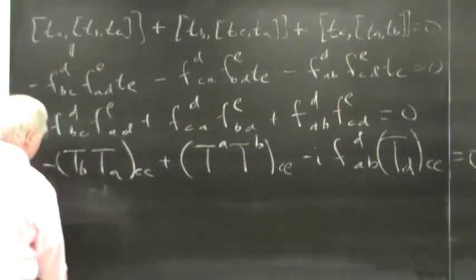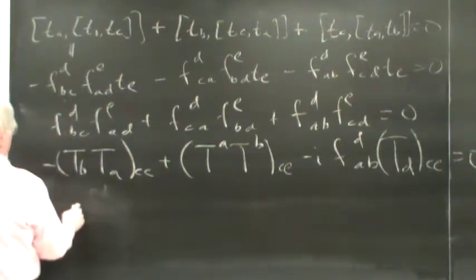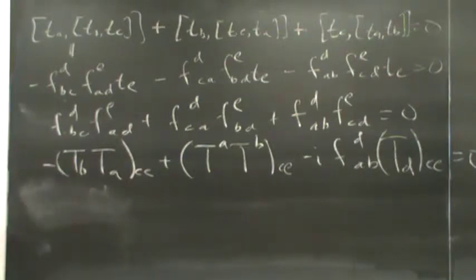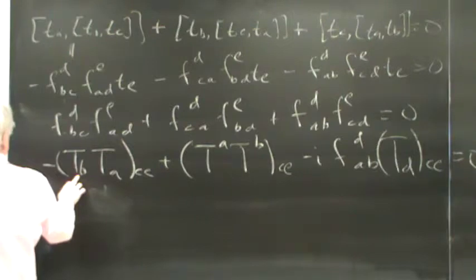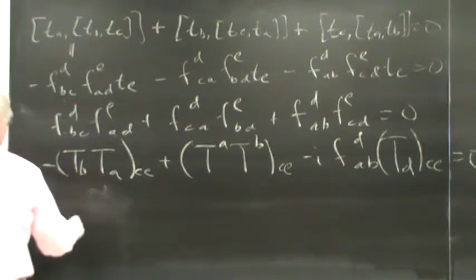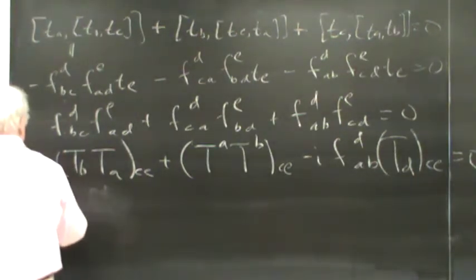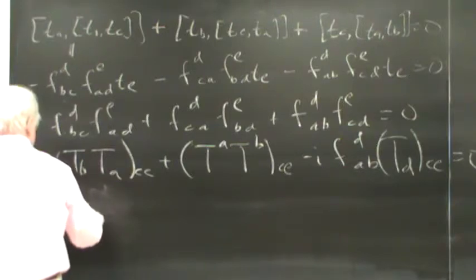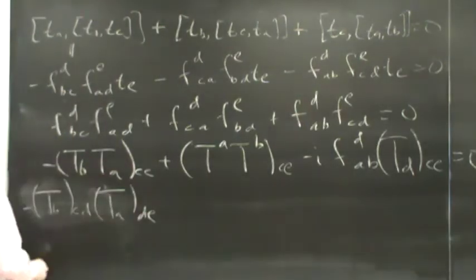All right, so this thing, by the way, when I said this, I think, right, okay. So let's use that definition there. Then what is this saying? So this is minus TB, let us say CD, TA, DE. That's what we want, okay?